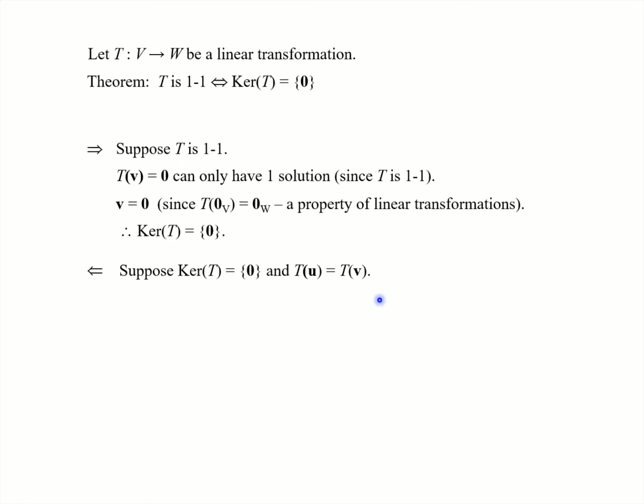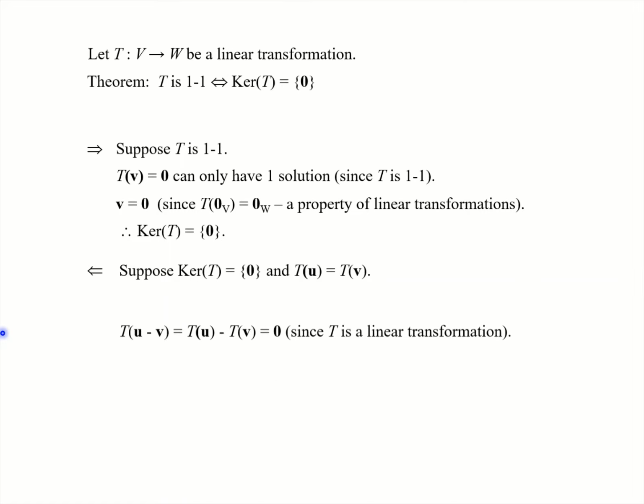I want to point out that u and v have to be vectors in the domain vector space V. And since they're vectors, I could consider the vector u minus v and send that through the linear transformation.